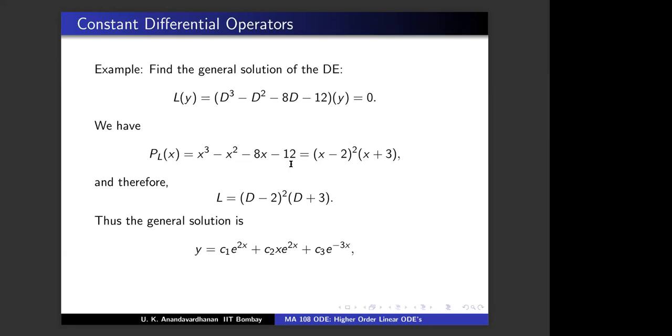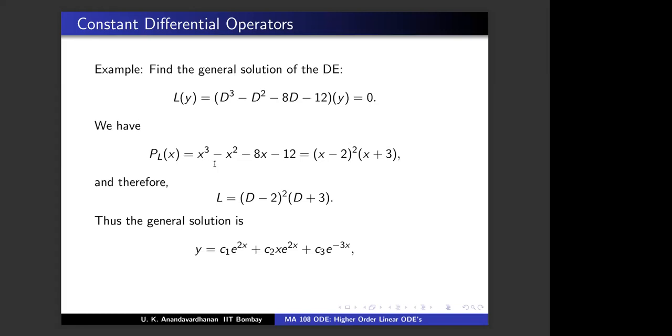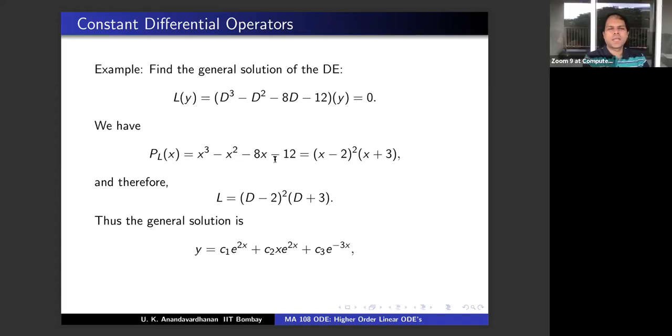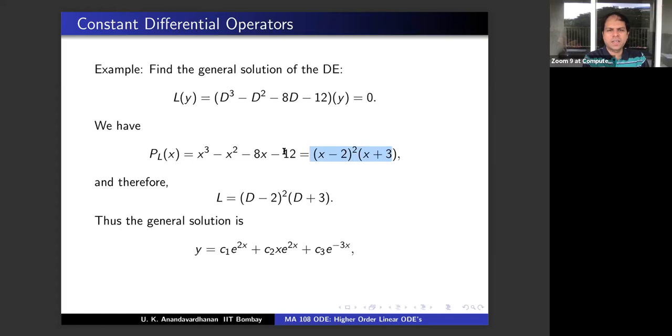The constant of the polynomial is plus 12? That's what you're saying? Yes, sir. Okay, so I will correct the typo here. This should be a plus. Okay, fine, good. Thank you.